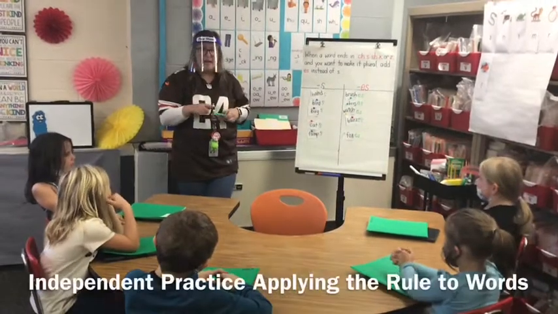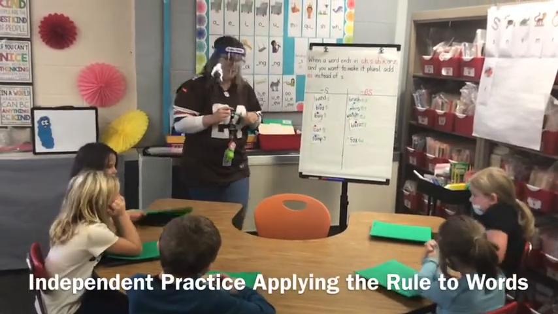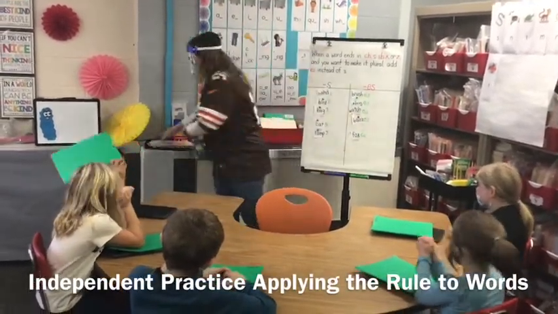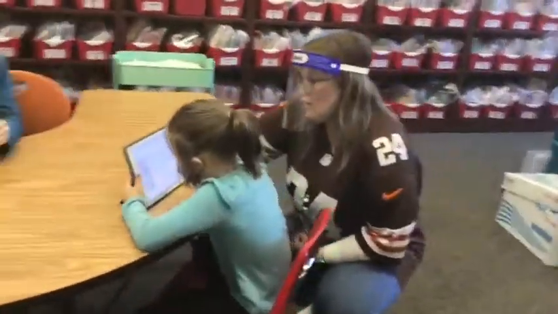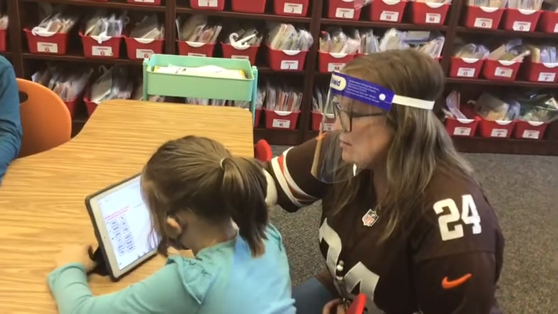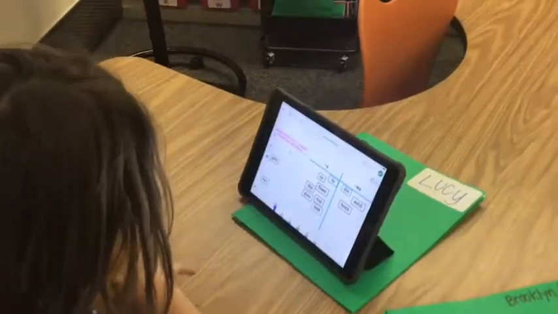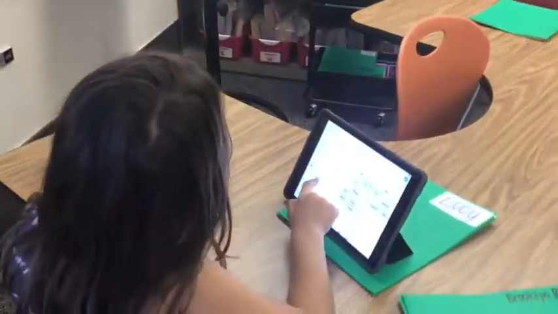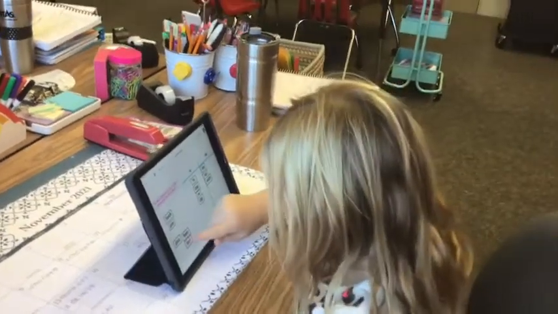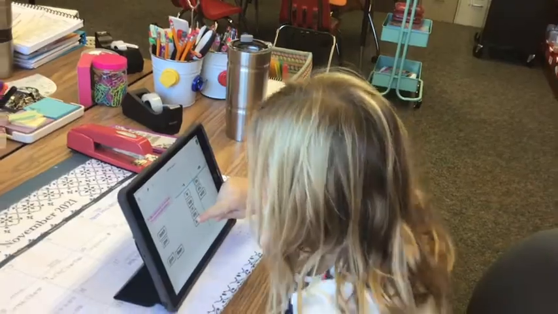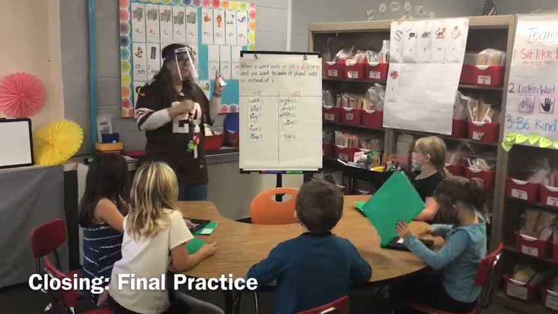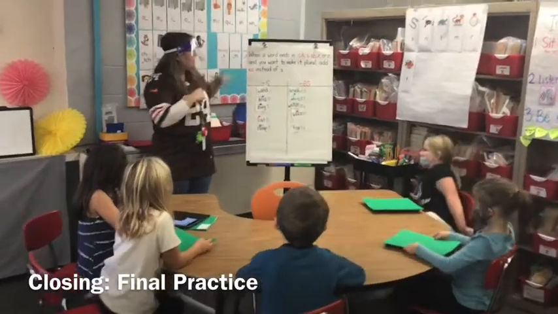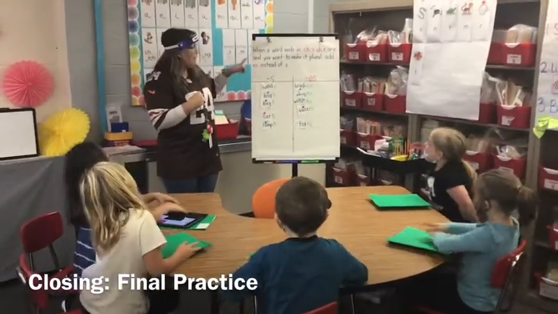Friends, you're going to practice this on your own on Seesaw. But before I send you on the Seesaw, let me show you what you're looking for. I want to add to our chart here, but before we do that, let's read our rule together one last time.